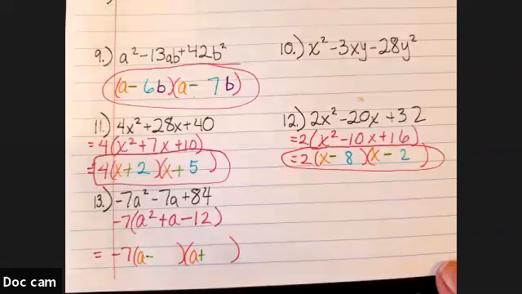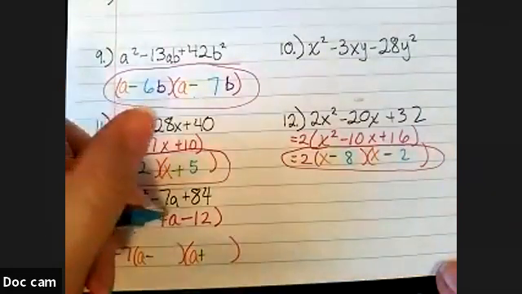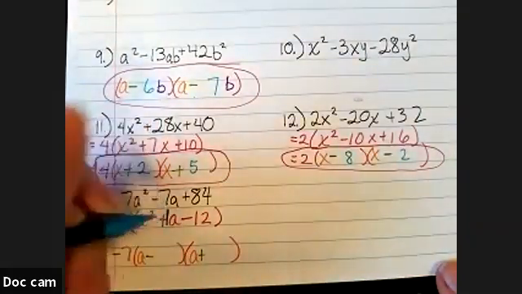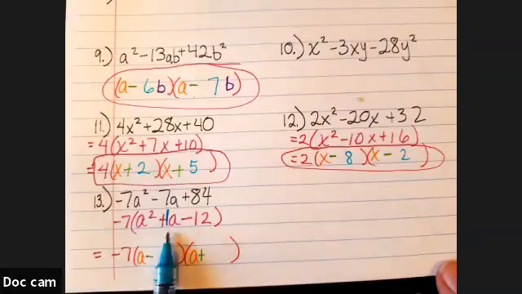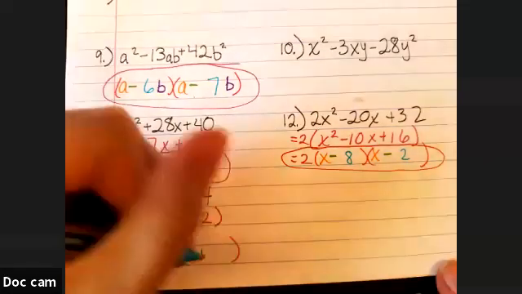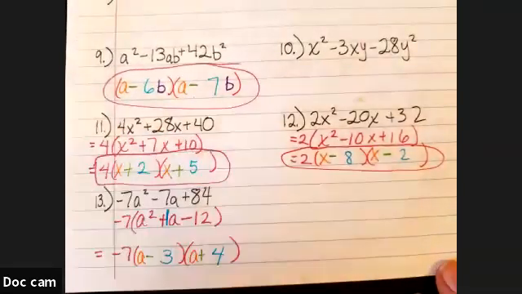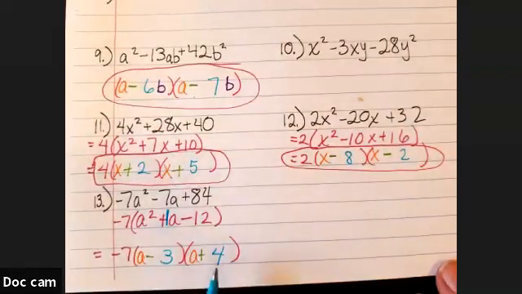We're looking for two numbers that multiply to 12, and there's an invisible 1 right here, so they're going to have a difference of 1. That's going to be 3 and 4. Since we want a positive 1 here, the 4 needs to be positive, and then the 3 will be negative. So negative 3 plus 4 would equal the positive 1.